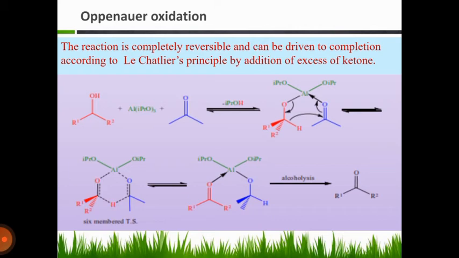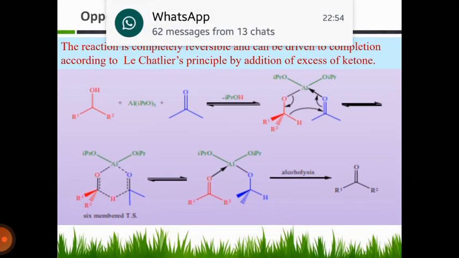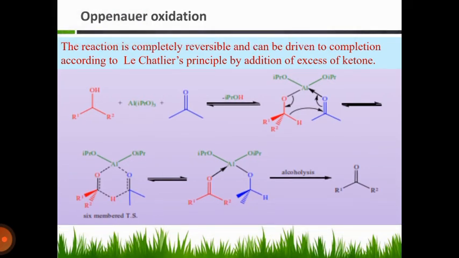So this is how the mechanism of the Oppenauer oxidation could be represented. You could see that aluminum isopropoxide is taken as the reagent along with acetone for the oxidation of a secondary alcohol. So you get this product, an ester actually of aluminum, and the arrow mark kept over here clearly gives stress on the point that this is an equilibrium reaction, a reversible reaction.